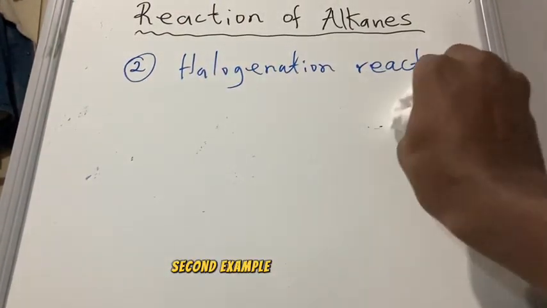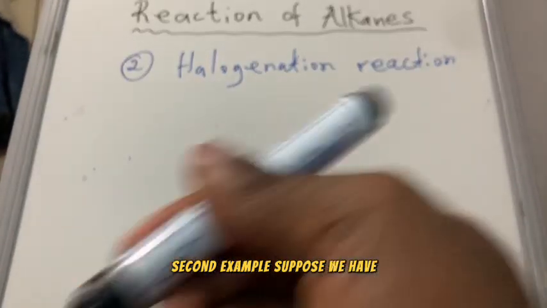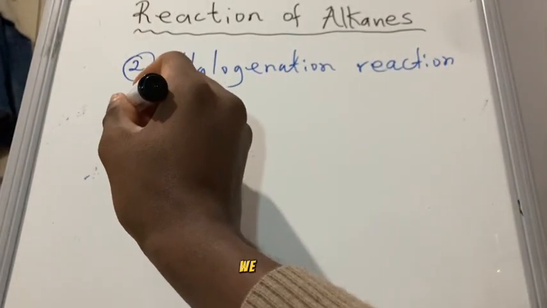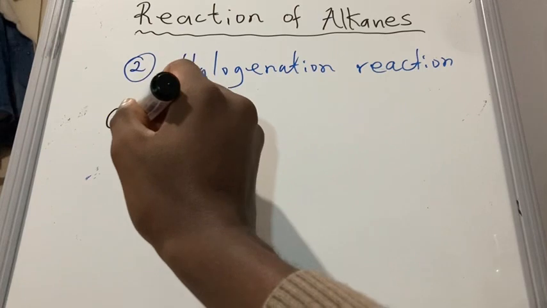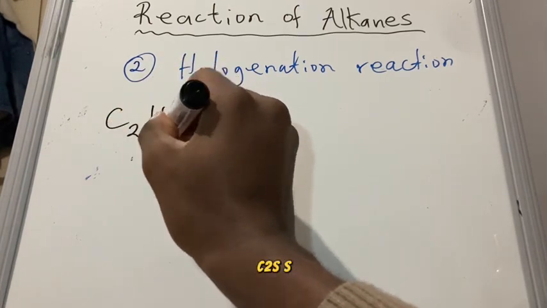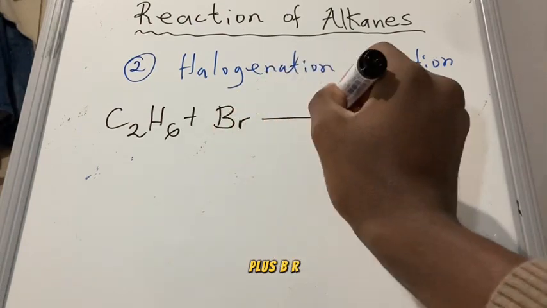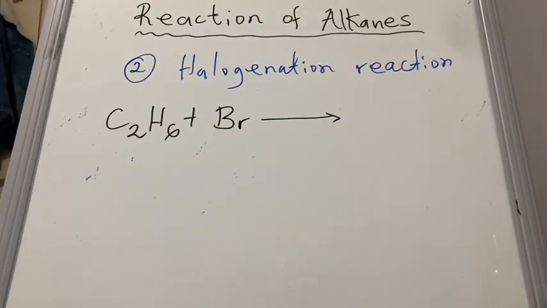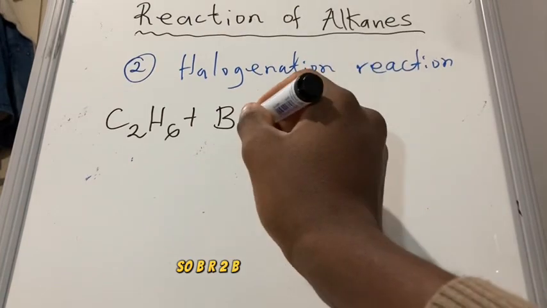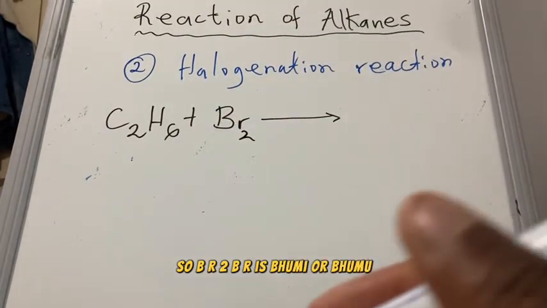Second example, suppose we have C2H6 plus Br2. Br is bromine or bromo.